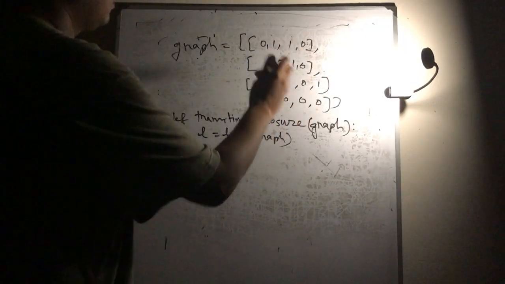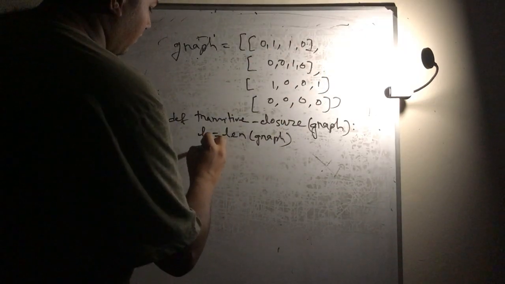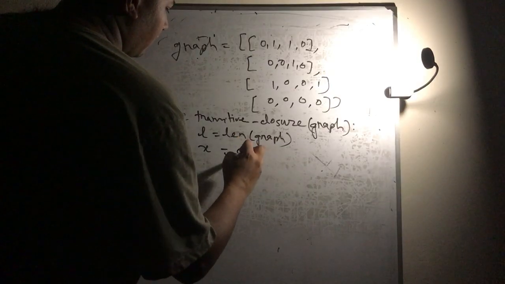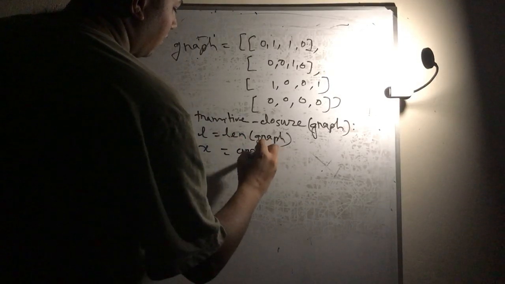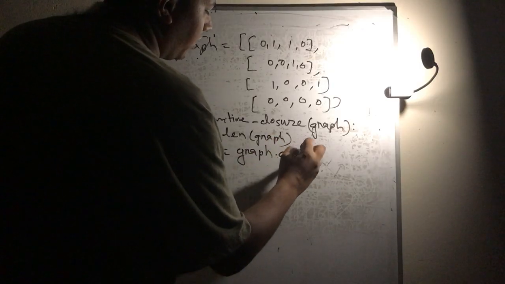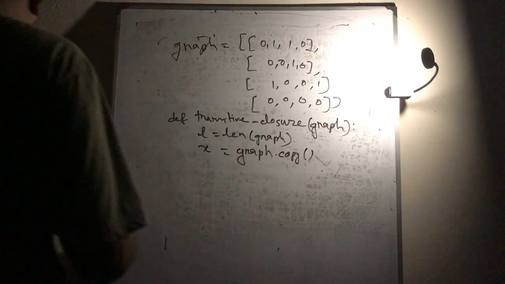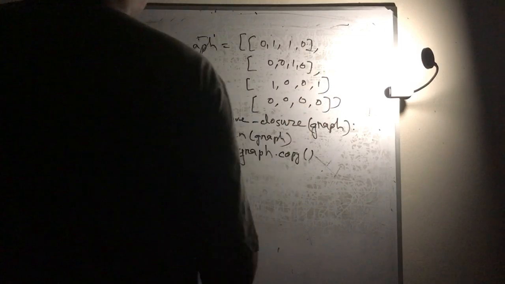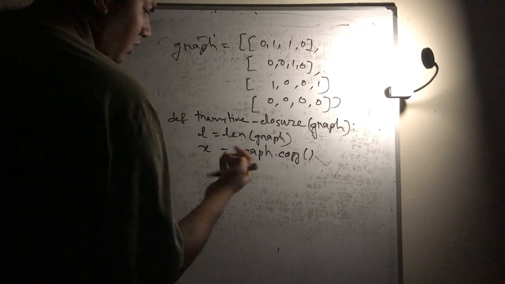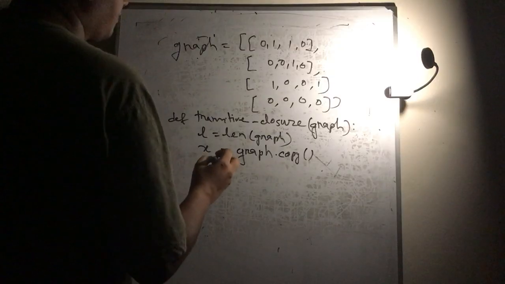We don't want to modify the graph, so we make a shallow copy of the graph. So we use x equal graph dot copy. This is a shallow copy, so the original graph will not be modified. Now let's see. We pass 3 loops. Okay.